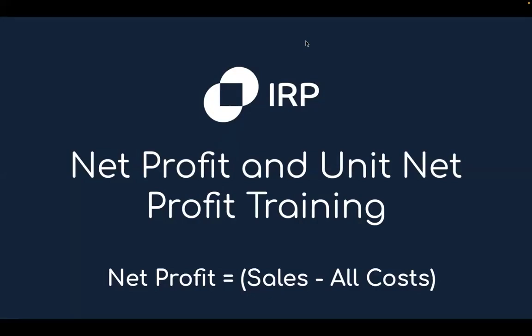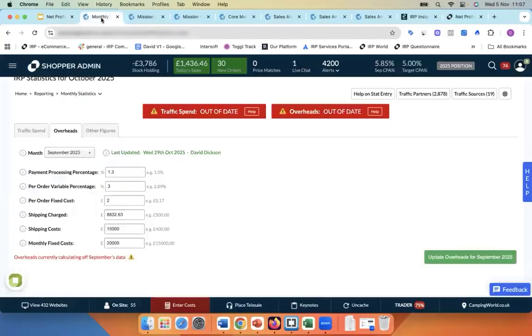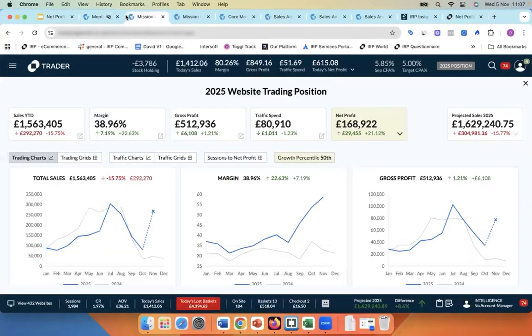We're going to take you through now where to find the net profit in the admin app, Trader. With 9.6, there is now no financial decision really unknown, and it will be made in real time. And really the key additional data is the overheads percentage, net profit percentage, and unit net profit.